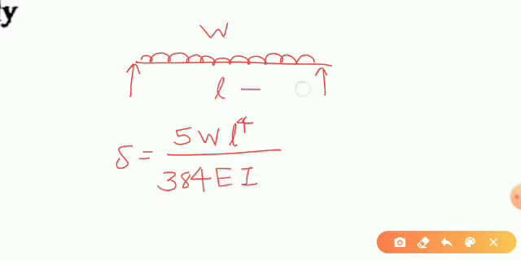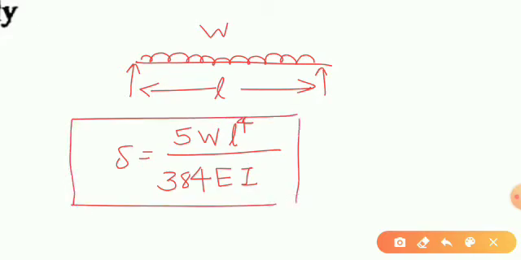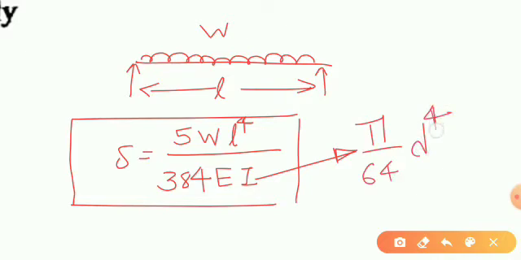Here L is the length. This is the equation for static deflection due to the uniformly distributed load, where I is the moment of inertia of the shaft, which is equal to pi by 64 d raised to 4. These are the two methods for finding the critical speed for a shaft carrying multiple rotors.